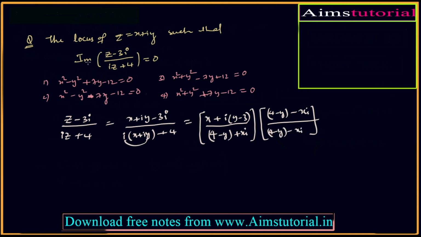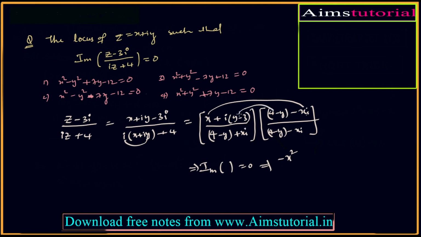Given that the imaginary part is 0, so if you consider the imaginary part, the denominator always becomes real; just equate the imaginary part, not the real part. I am taking the coefficient of i terms only. So x into minus xi is minus x square i, so the coefficient is minus x square.